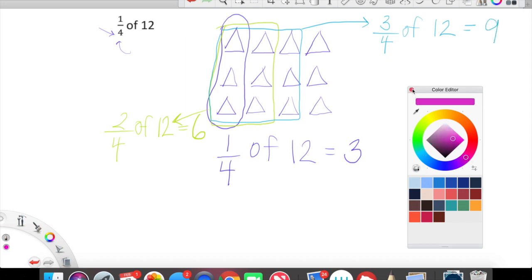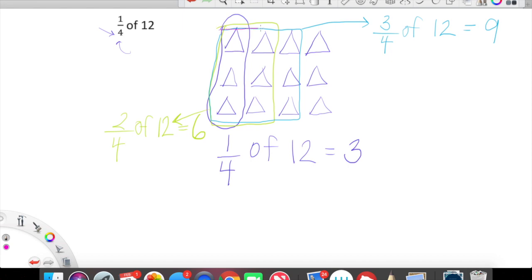And then I think some of you saw where this is going. What if I was looking for 4/4 of 12 in the pink? 4/4 of 12. That's actually an interesting question. Well, 4/4 of 12 is 4, 8, 12.